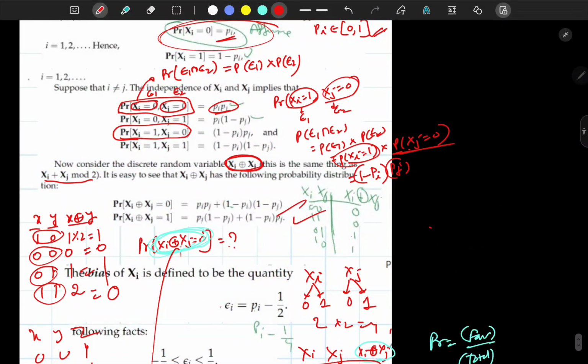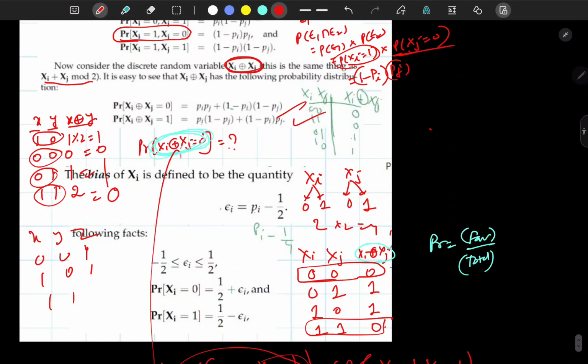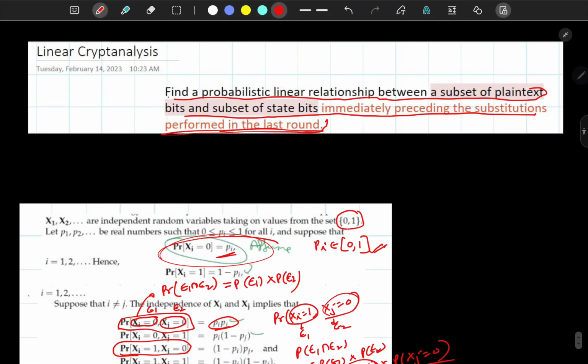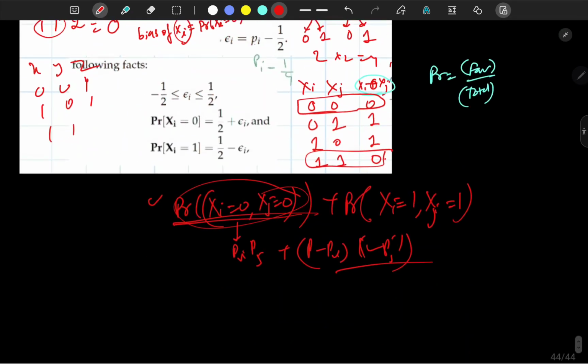Okay, happy. Now let me define the bias value. The definition itself states that the bias of a random variable, xi is a random variable, is defined in terms of the probability that the random variable equals 0. In our case, the starting assumption is that the random variable can take only two values, 0 or 1.